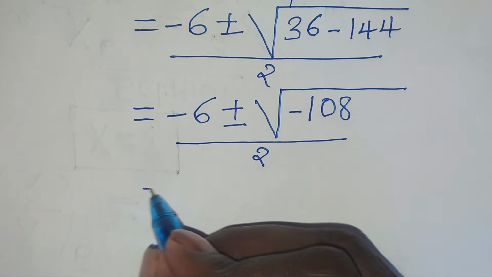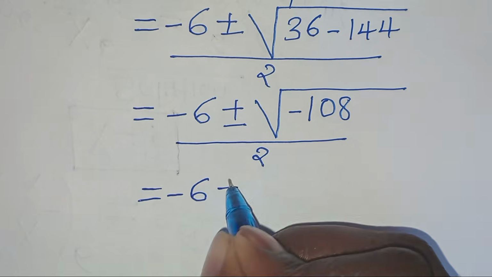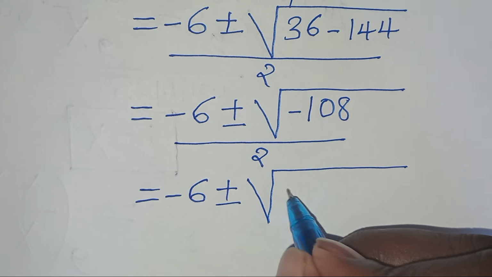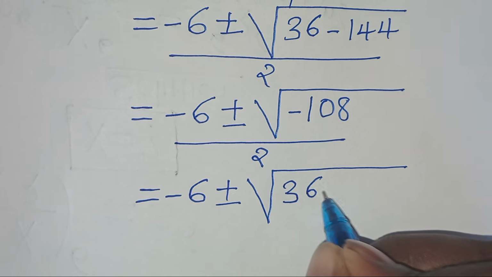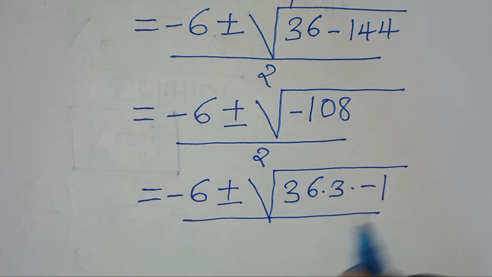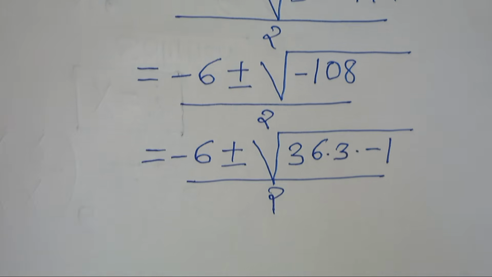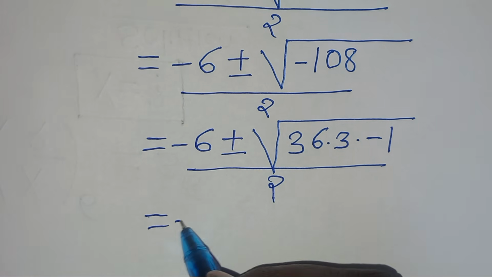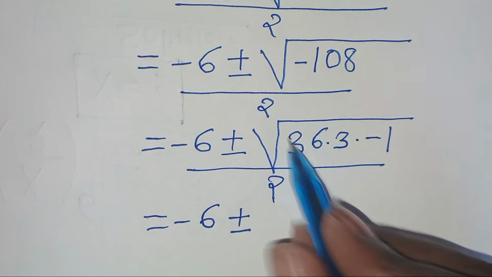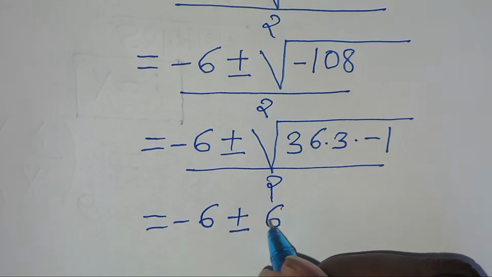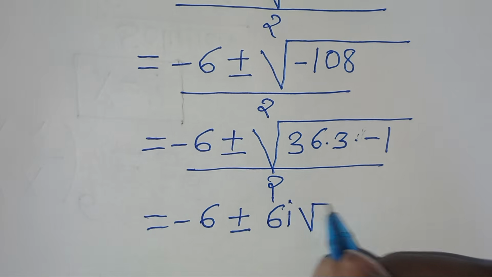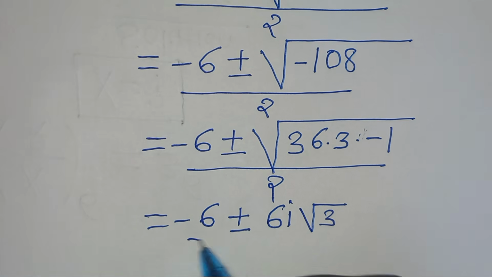So this again implies we have negative 6 plus or minus. We can express the square root of negative 108 as the square root of 36 multiplied by 3 multiplied by minus 1, divided by 2. So we have here negative 6 plus or minus the square root of 36, this is 6, square root of minus 1, this is i, then square root of 3 divided by 2.